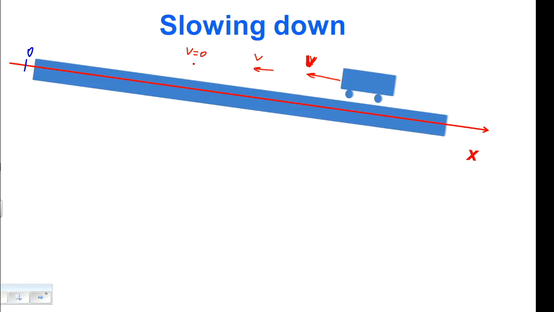After that, the same cart will be moving back to the original location. So velocity now will change like this. What about acceleration? Well, as we said, the acceleration, a, is constant and doesn't depend on anything. It always points in the same direction and always has the same length.